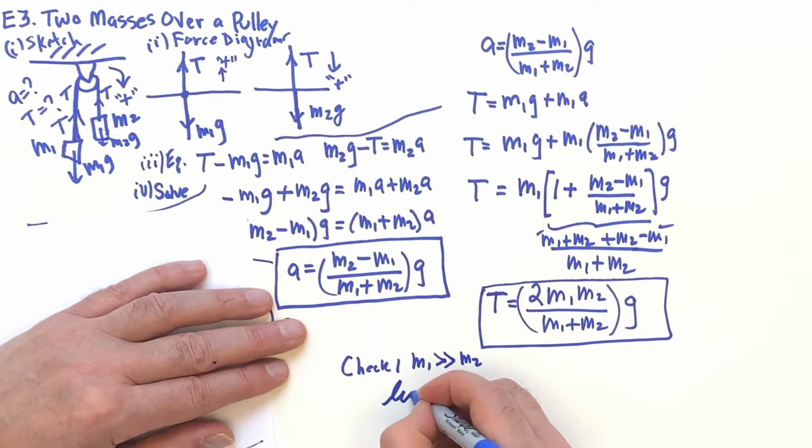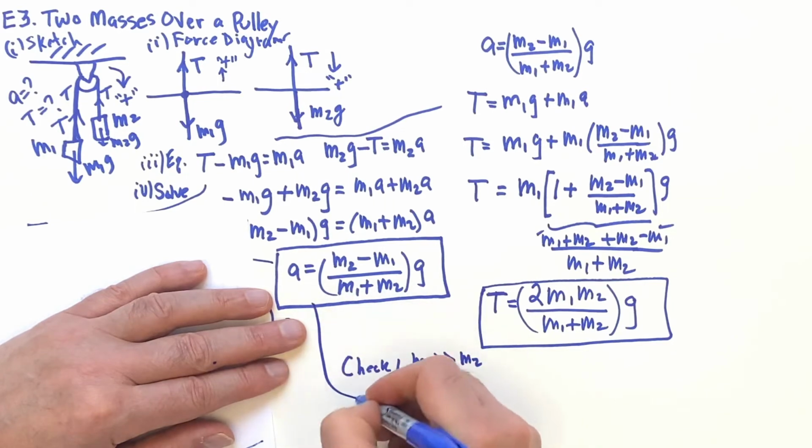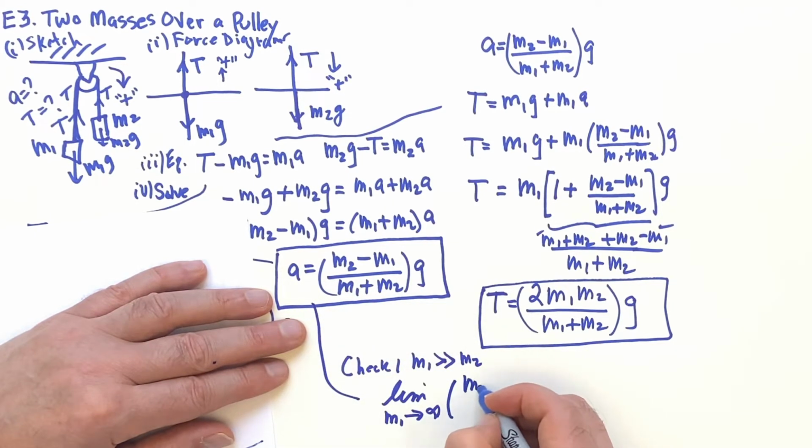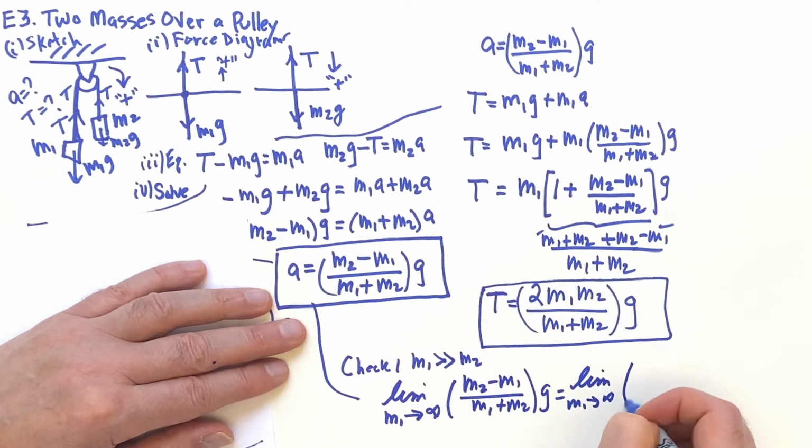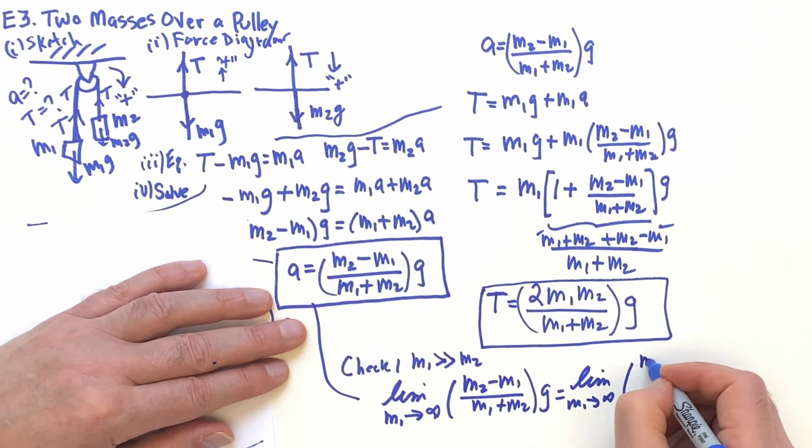So if I take the limit as m1 goes to infinity of m2 minus m1 over m1 plus m2, I go ahead and prepare by dividing top and bottom by m1.